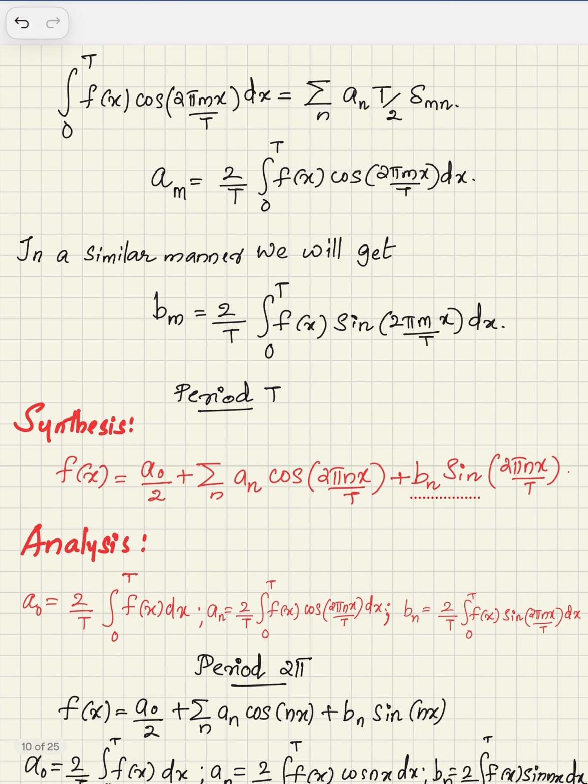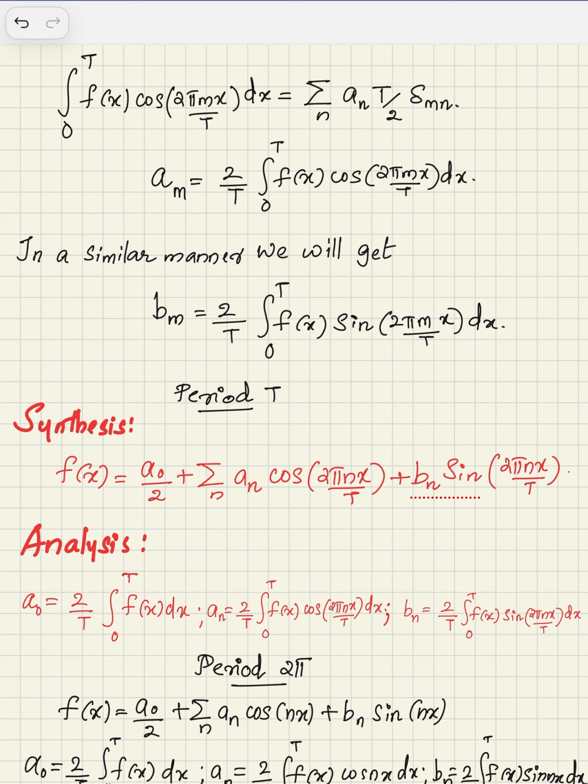Okay. Substituting that value, I can write the left hand side like this. Right hand side, summation n, t by 2 delta mn, because here our period is t. And when you sum over n, due to this Kronecker delta function, this n will get replaced with m.